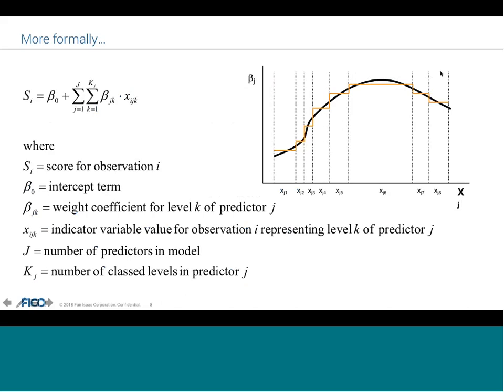So each beta is going to be calculated for each bin for each variable, summed over each variable, summed over all the variables in the model, and not to forget the intercept value.